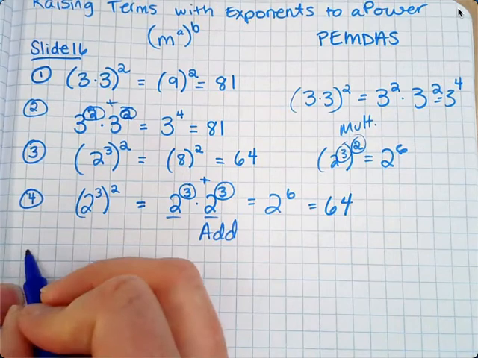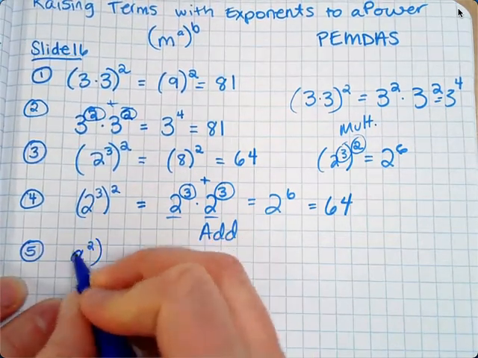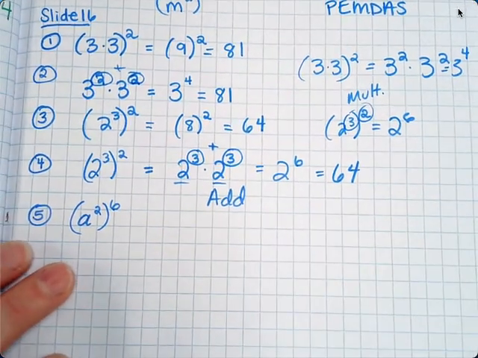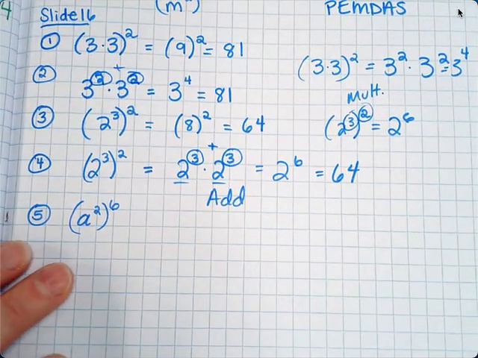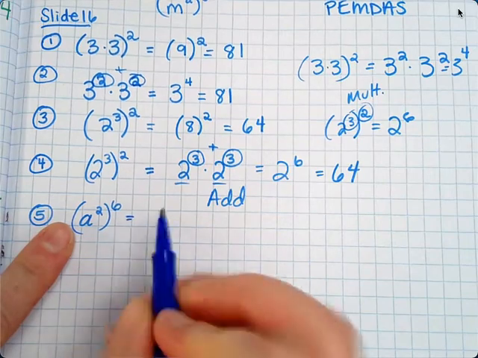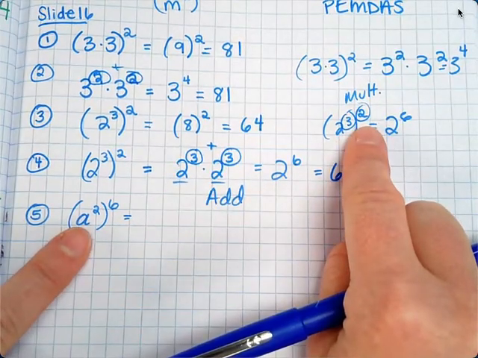Okay, so let's do another one. a squared to the 6th power. Let's expand this out. There's nothing I can do with that a squared. Before we check if this is the right rule, let's expand this out.